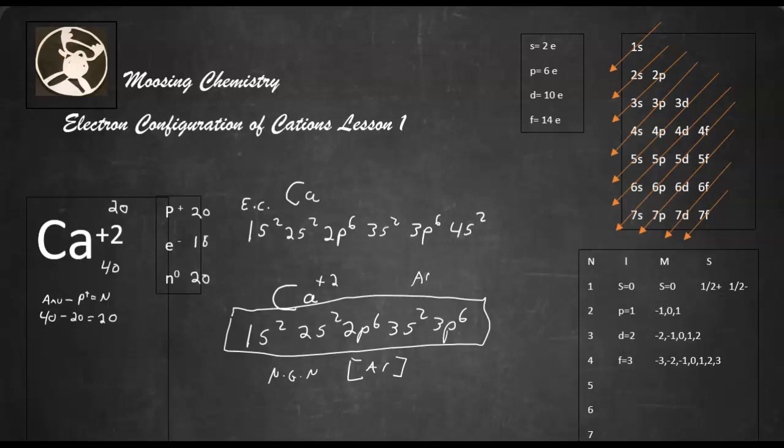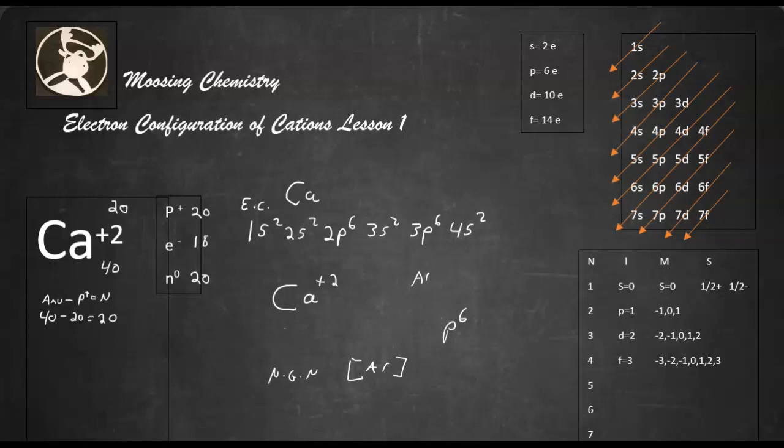All right. So let me go ahead and erase a couple things here. Now remember that Ca2+ is going to be 1s2, 2s2, 2p6, 3s2, 3p6.